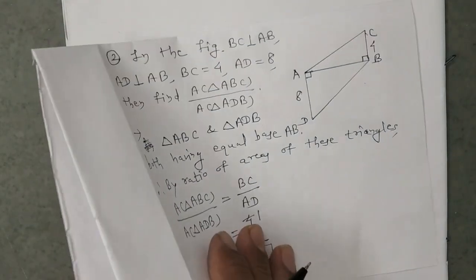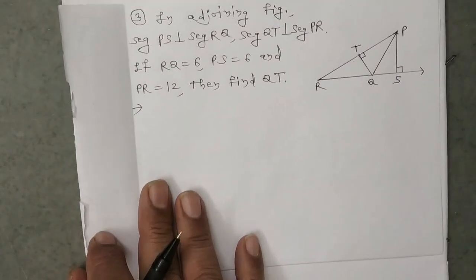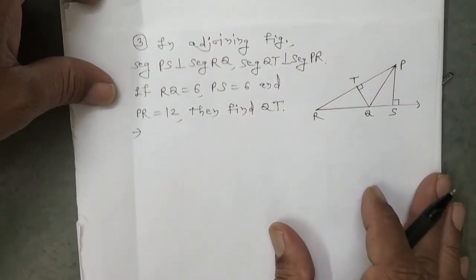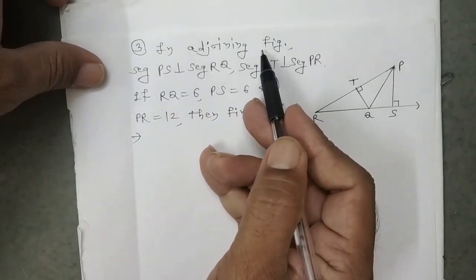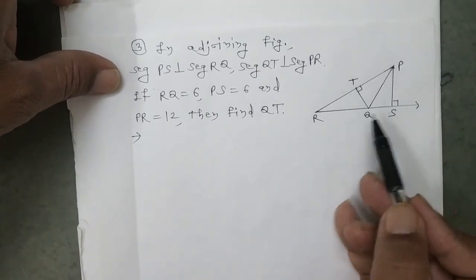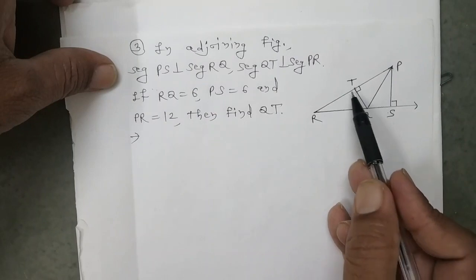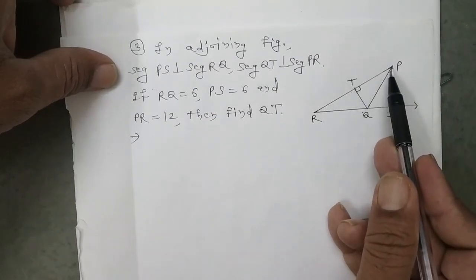Now we will see third example. In the third example, in adjoining figure, segment PS is perpendicular to RQ, segment QT perpendicular to segment PR.